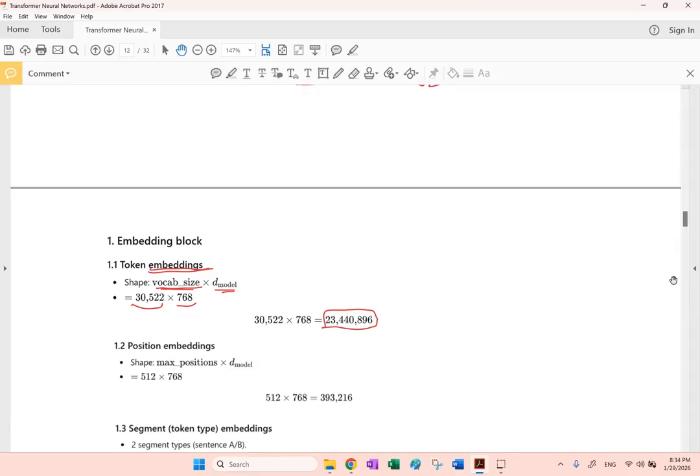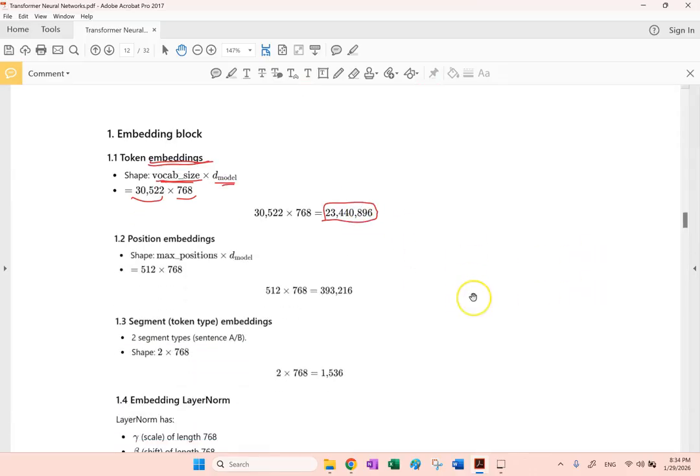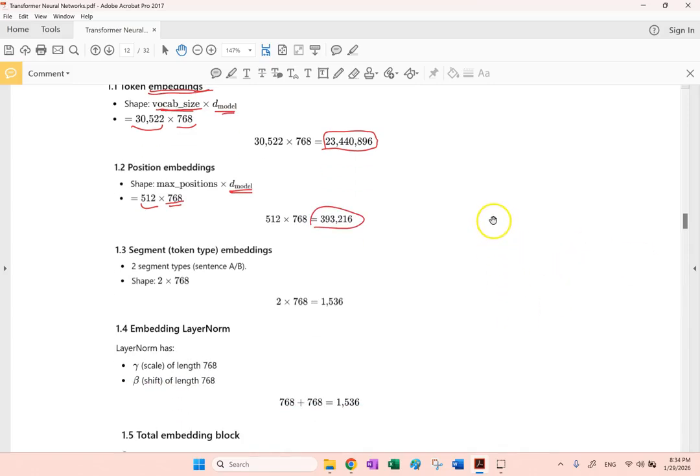So just embedding the original sequence of tokens would take 23 million parameters in that matrix. What about position? Well, you only allowed for 512 positions, and each one will be projected into the high dimensional space with D model. So the matrix for embedding that will have about 400,000 parameters. Then what?